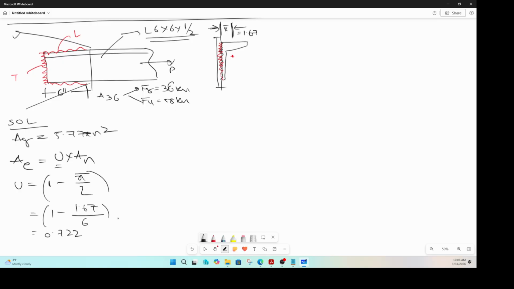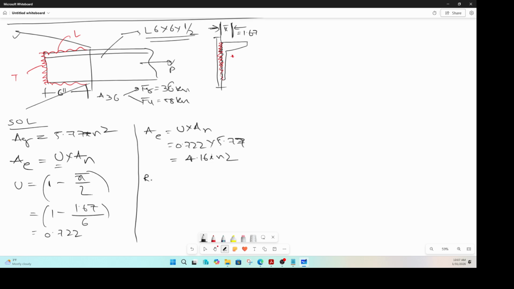When you subtract that, you calculate your U value as 0.722, something like that. Once you know your U, you calculate your A effective as U times A_net, where U is 0.722. A_net is nothing but A gross, in this case 5.77, because there are no deductions for bolt holes. So this is 4.16 square inches.